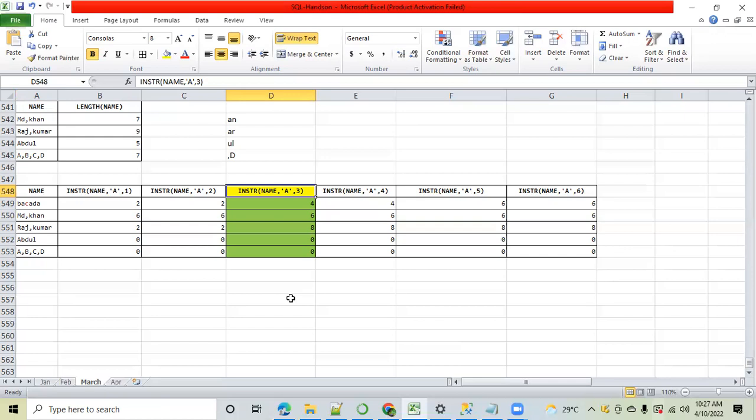We have discussed that. By default, the fourth argument value is 1. So if I have not mentioned the fourth argument, SQL will take the fourth argument as 1. Is that clear?